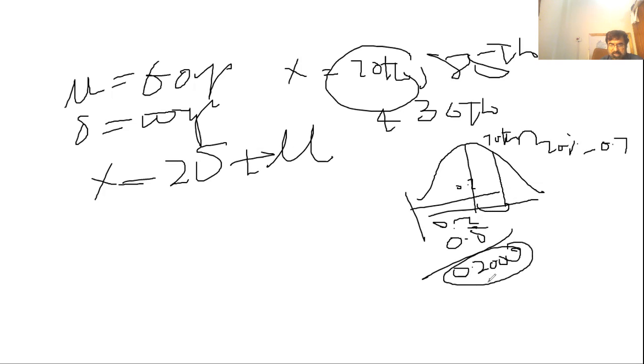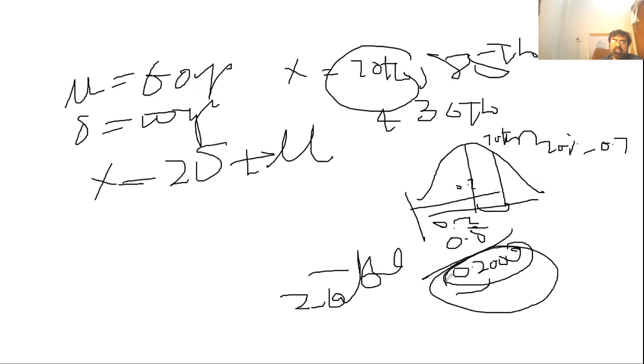Now we will look this area in the z table. If it exists, we will look for the upper end against value, and we will add those both values, which will become the z-score. And if it does not exist anywhere in the z table, we have to look for the nearest area.